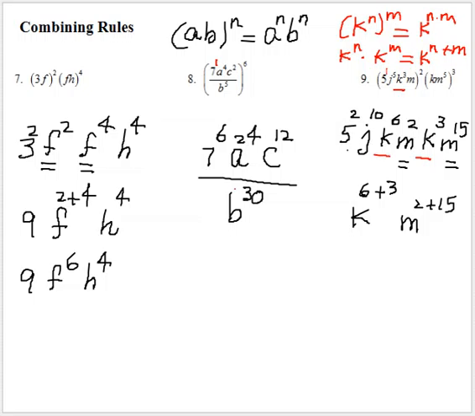And then we have j all by itself, and then 5 to the power of 2 we can write as 25. So we have 25 j to the power of 10, k to the power of 9, and m to the power of 17. If you can follow this, could you please put a check mark next to your name?